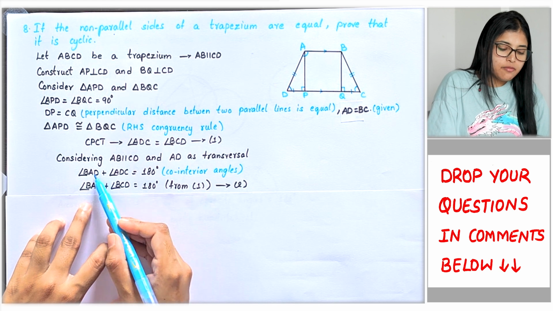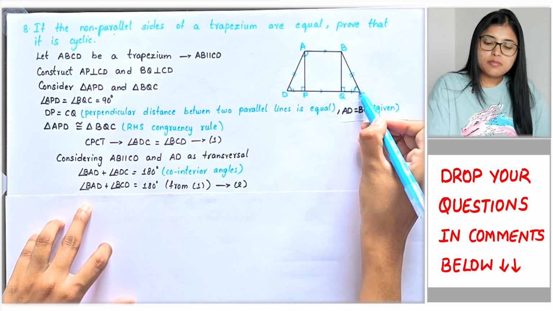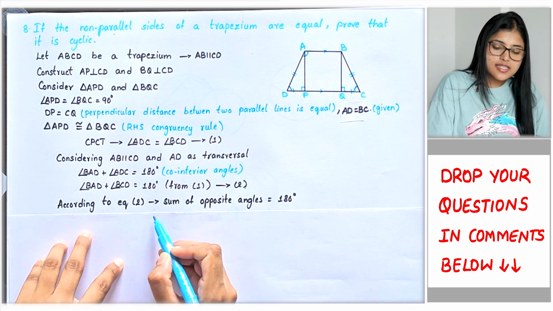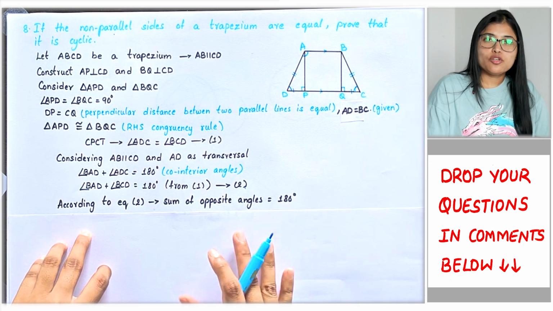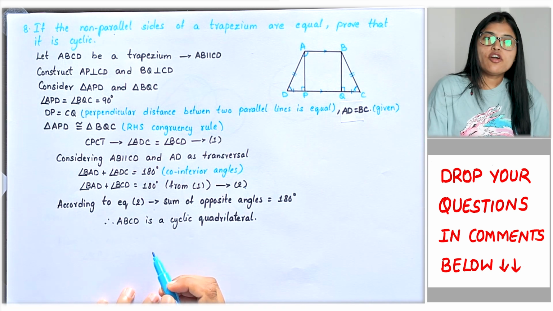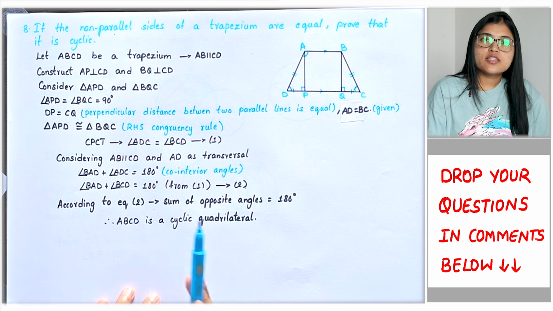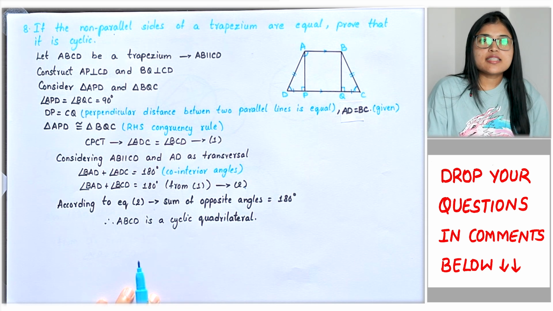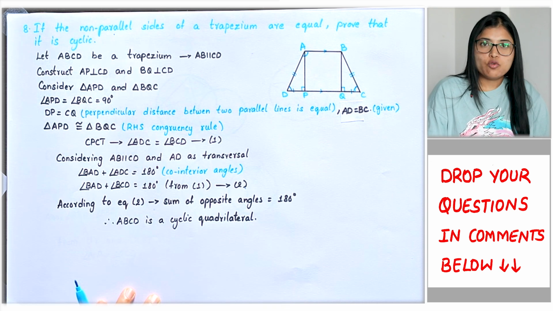Substituting that, I can write BAD plus BCD equals 180 degrees. So from equation 2, I can say that the sum of opposite angles in the trapezium ABCD is equal to 180 degrees. So according to the converse theorem, if you remember, if two opposite angles of a quadrilateral sum to 180 degrees, then it is a cyclic quadrilateral. So I can say that ABCD here is a cyclic quadrilateral.